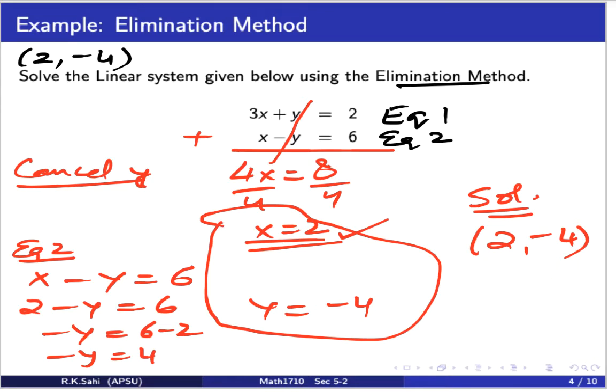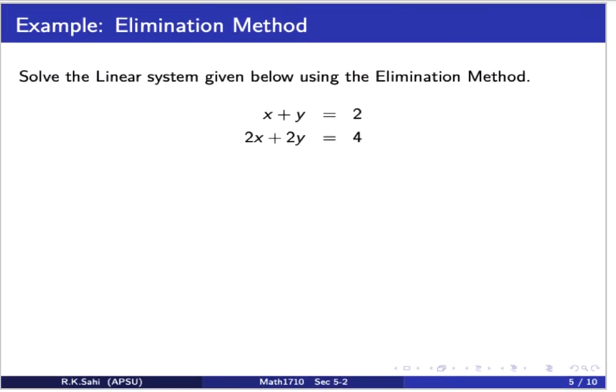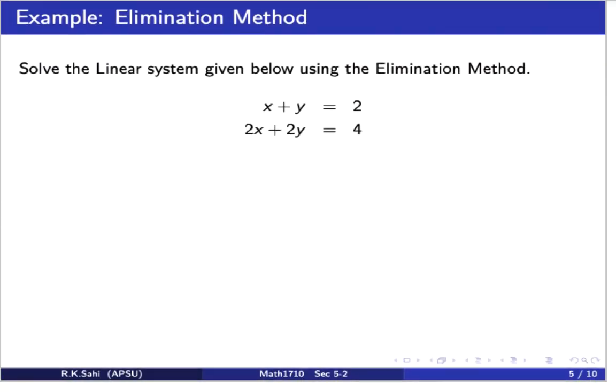Okay, let's look at the next one. Here I have equation 1, x plus y equals 2, and equation 2, 2x plus 2y equals 4. Now I have to cancel one of the variables. If I pick x or y, that's fine.